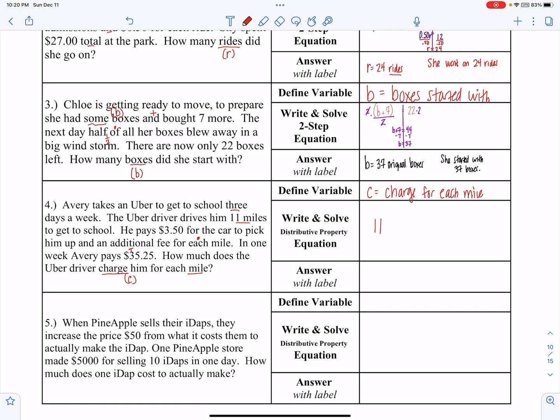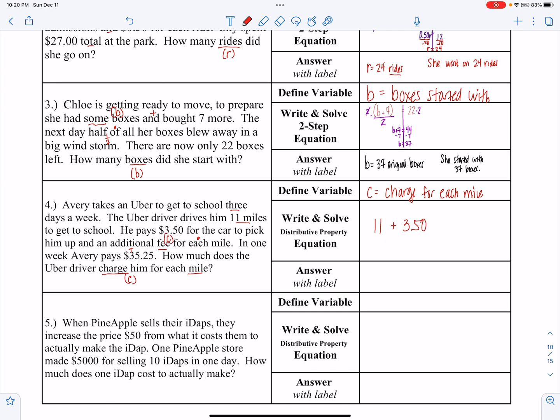Okay, so we also have this additional $3.50 that happens. Okay, and he has an additional fee for each mile, or an additional, they use a different word, but it's the same thing, additional charge.